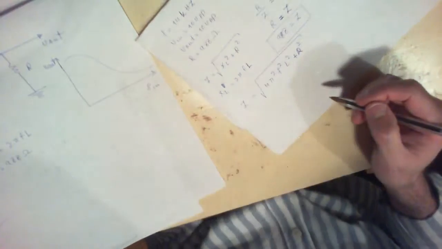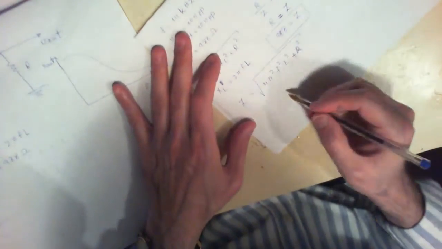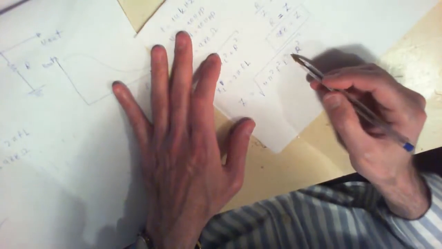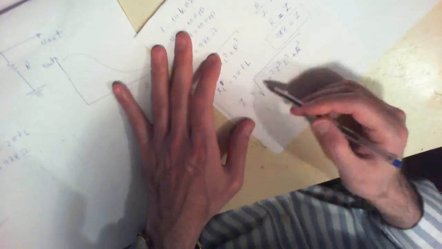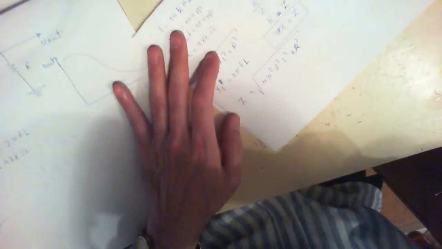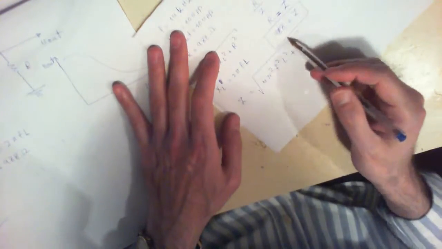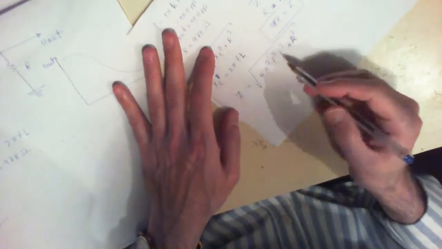But your Z was equal to 988. So now if you want to calculate your L, you have to raise both sides of this equation to the power 2, so that you get rid of this radical sign.